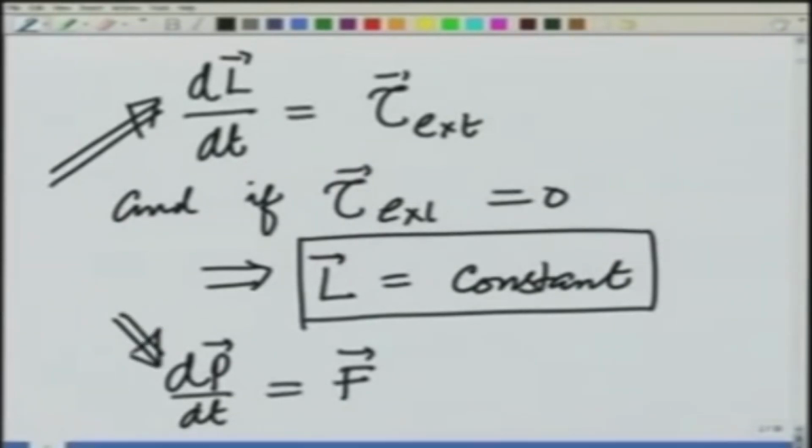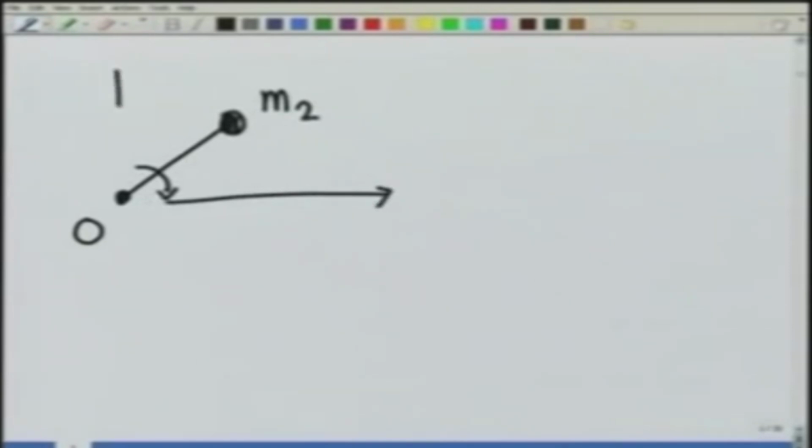The example I take is, let me take a rigid massless rod whose one end is fixed at point O, and it is free to rotate like this about this point. At the other end of this, I have a mass m2. Let this and this be my x and y coordinates.